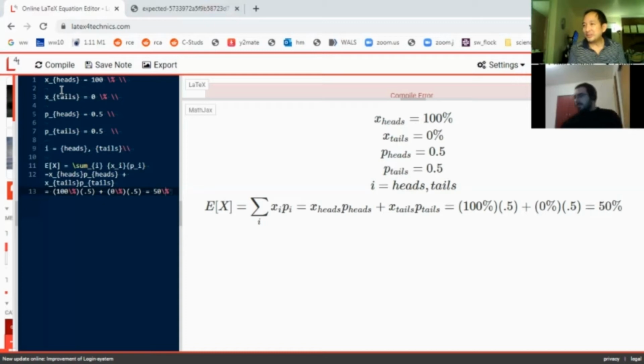And so if you only do, like, say, 2 flips, you may not end up with 50%. If you do 1 flip, you definitely won't end up with 50% because it's either going to be 0 or 100%. But the more flips you have, the number of heads and tails will continue to approach 50%.